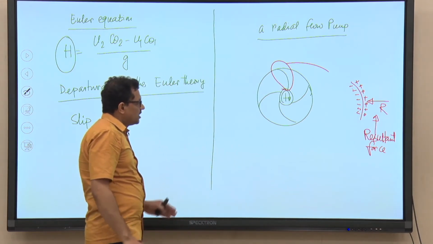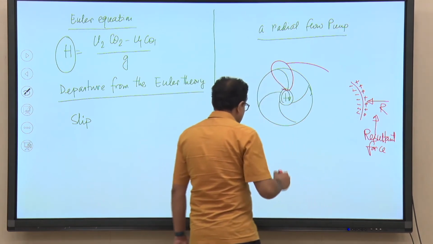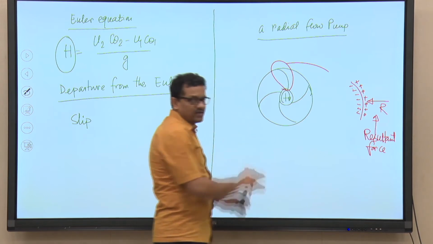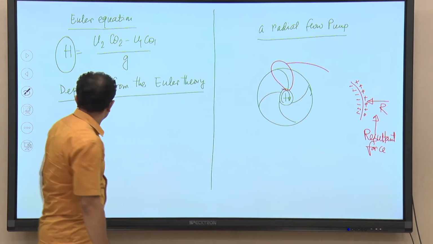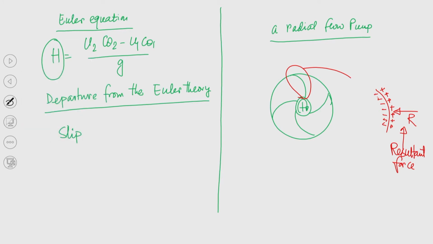Now, if we take at least 2 different consecutive blades, again I am drawing using a different color. Say I am taking this blade and another blade which is adjacent to this one, and this is rotating in this direction.